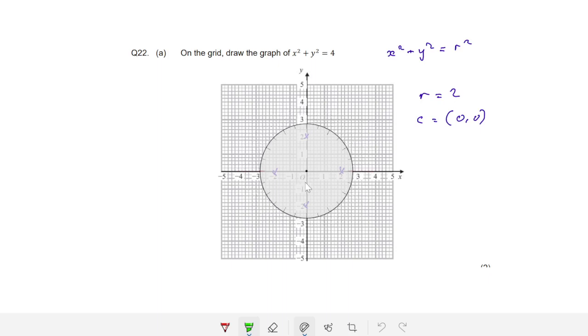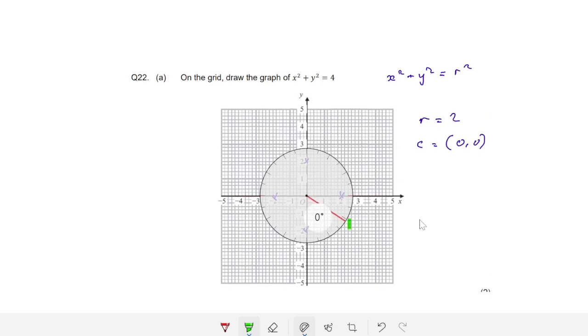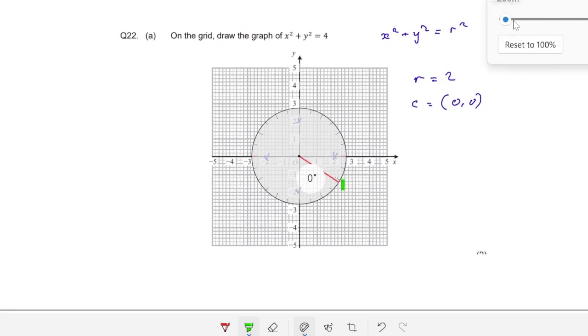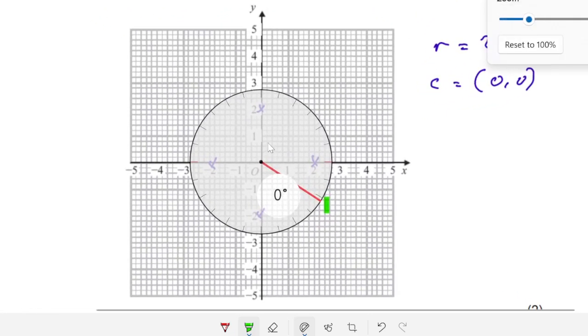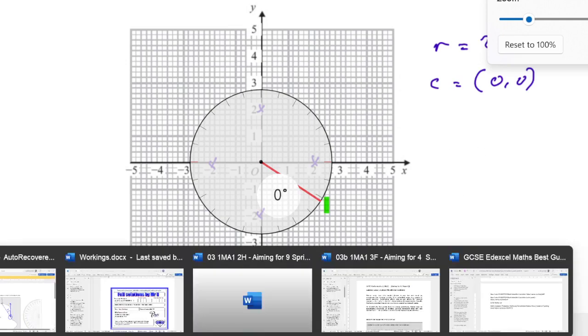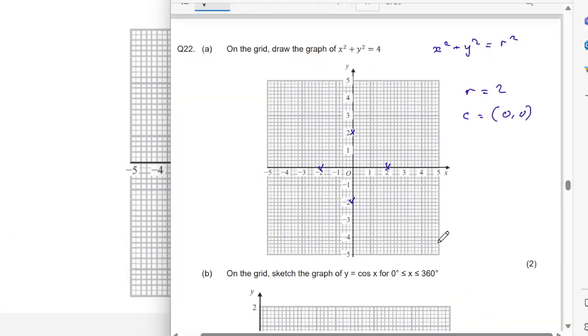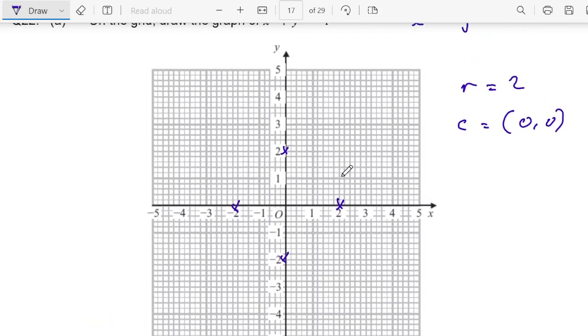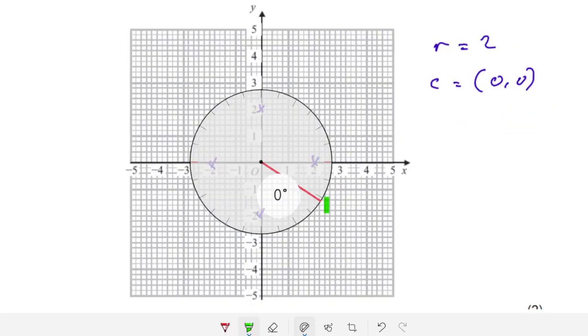You normally can get away with freehand, but I find it a bit lazy if you draw it freehand. It won't let me go any smaller than that, will it? Let me just snip that again and make it a little bit bigger before I do the cut. Yeah, that'll do fine to get a feel for what I'm trying to do.